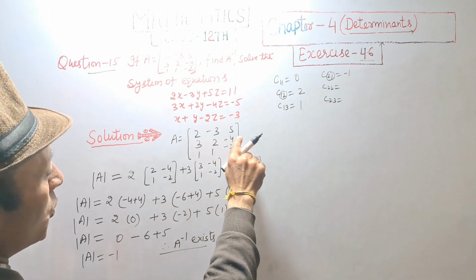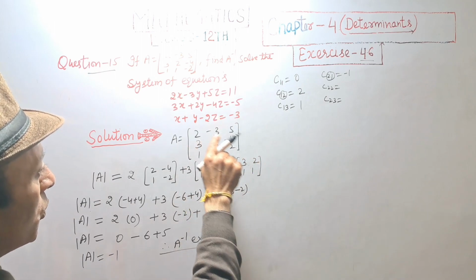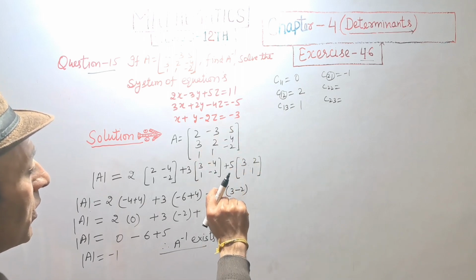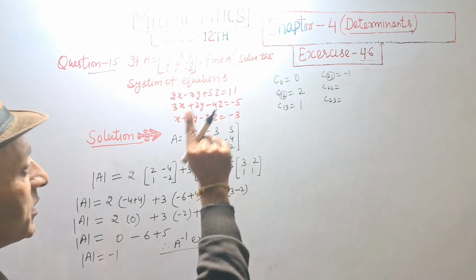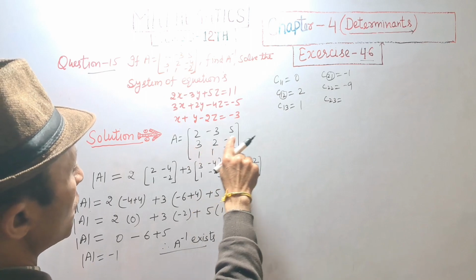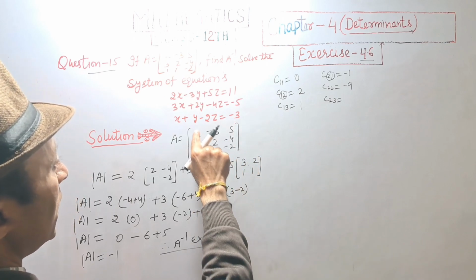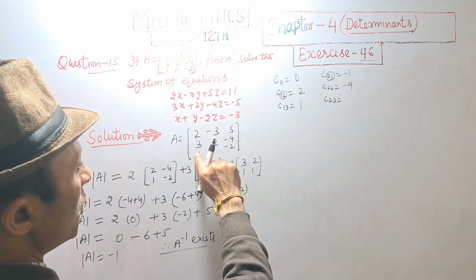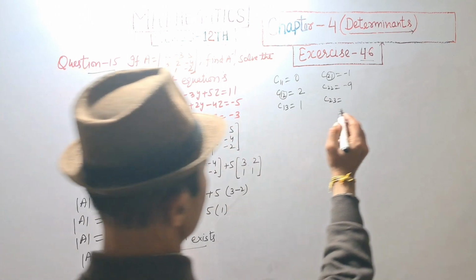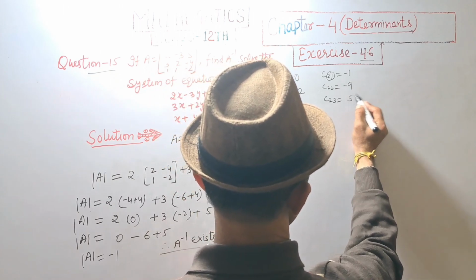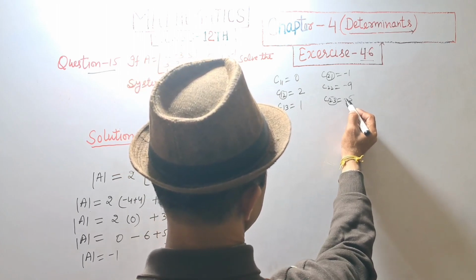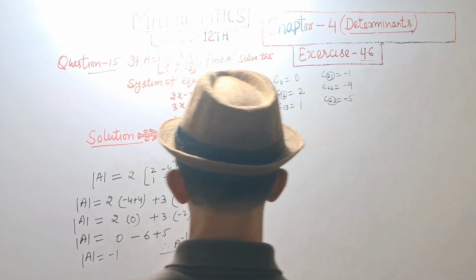And C22: 2 twos are minus 4, minus 5, minus 4 minus 5 is equal to minus 9. And C23: 1 twos are 2 plus 3, that is equal to 5, so this number will be minus 5.